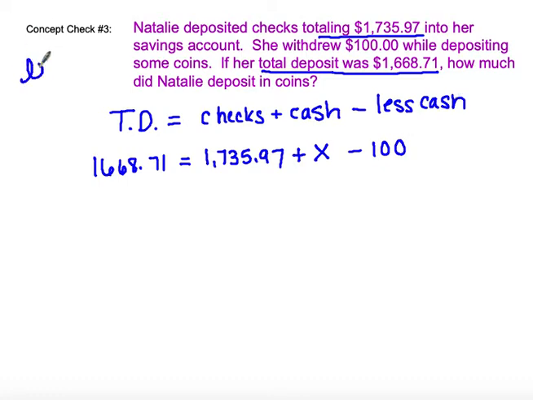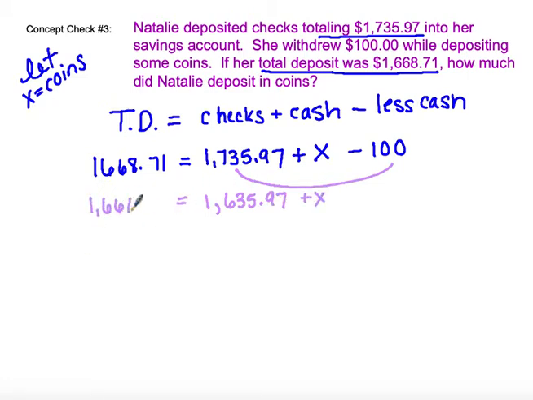So I'm going to let my X equal the number of coins that she deposited. All right, so simplifying this math here, I'm going to subtract that, and that's going to give me $1,635.97 plus X is equal to $1,668.71. And then this is a quick one-step equation.